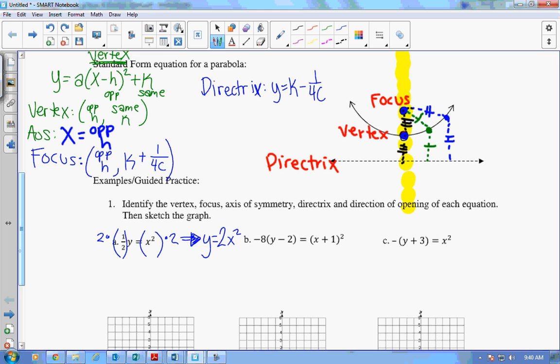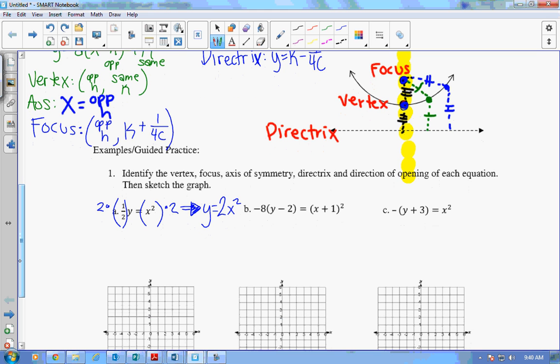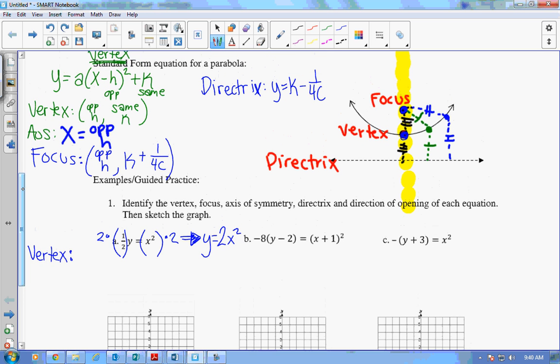From that, we should be able to see the axis of symmetry and the vertex. Let's start with the vertex. Remember, the vertex is the opposite of what's being added or subtracted to the x, the same of what's after the squared. Opposite, same. What number is in the parentheses here being added or subtracted to the x? 0. There's not parentheses and there's not a number. What number is after the squared? 0.